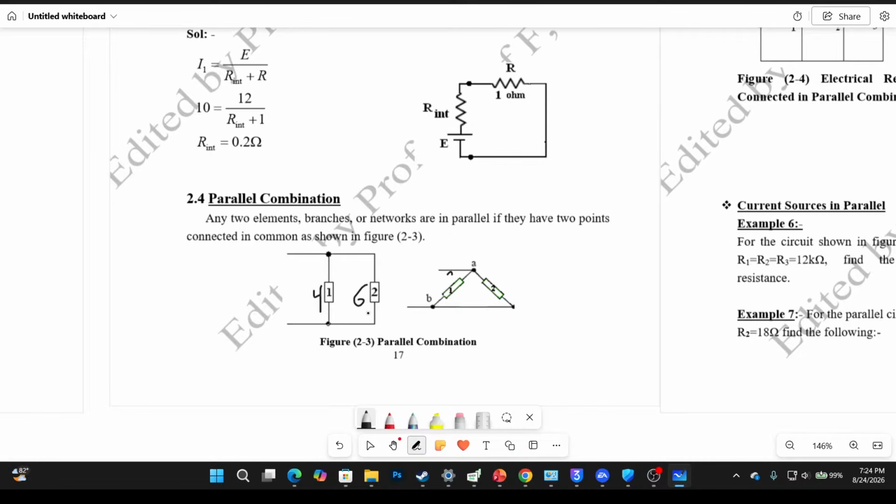Now we have to calculate the total resistance. 1 over RT will be equal to 1 over R1 plus 1 over R2.